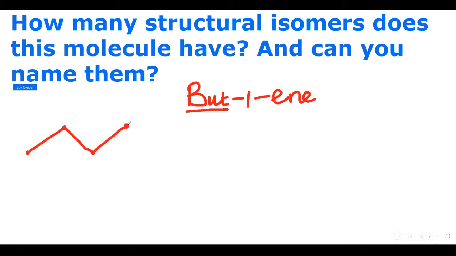So with this, it says BUT, so you've already done the 4 carbons. Now, but-1-ene means that on carbon 1, between these 2 carbons, you have a double bond. ENE simply represents a carbon-carbon double bond, and it's telling you that this double bond starts from carbon 1.